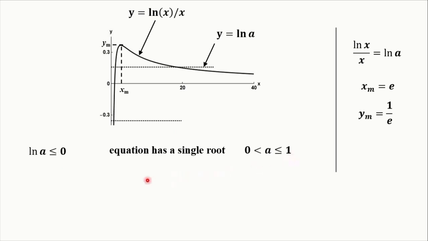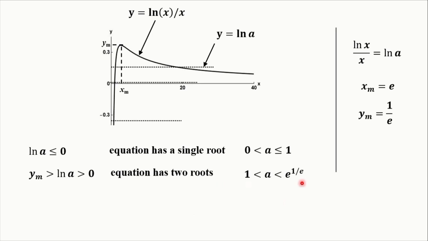Then we analyze the value of ln a between 0 and ym. We see here that the horizontal line intersects the plot of the function at 2 points, and this happens everywhere in this range. So we can conclude that the equation here has 2 roots, and a here can be written in this form.